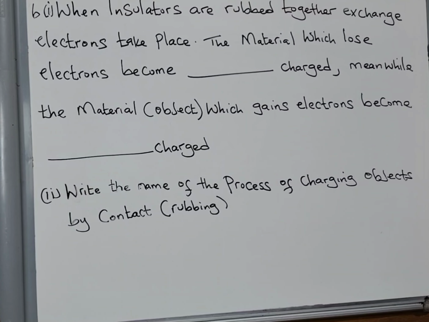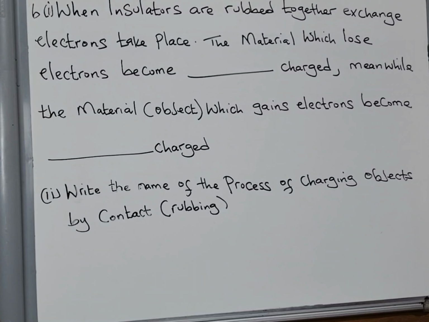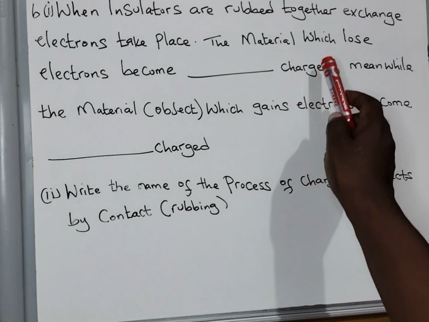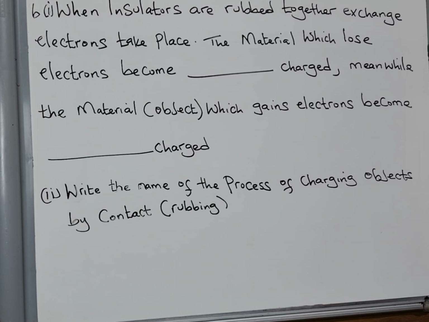Yeah, so comes this question. It says, when insulators are rubbed together, exchange of electrons take place. The material which loses electrons becomes what?